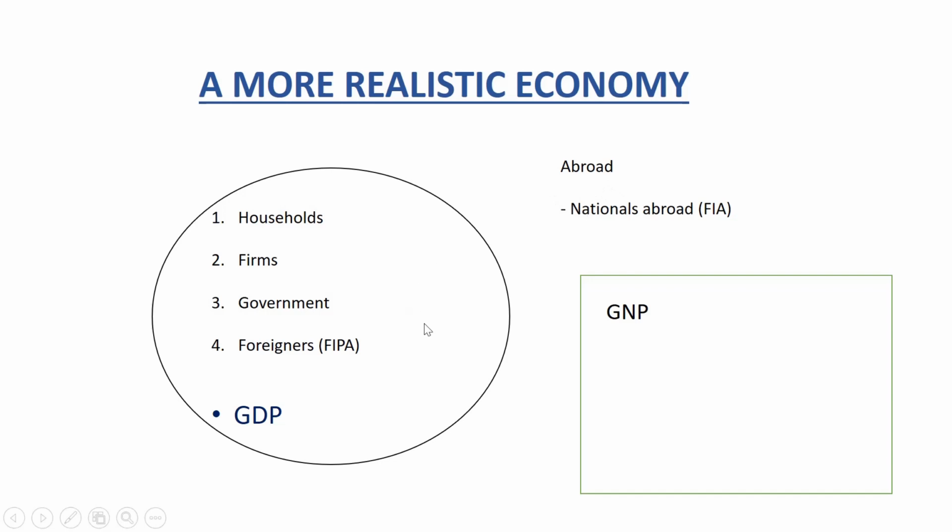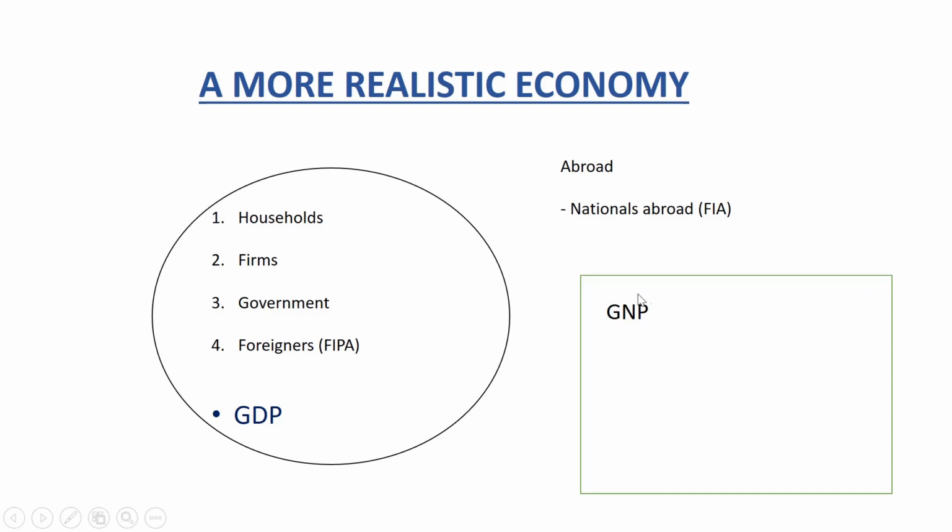So when we are talking about national income, we should look out for this term first, what we call gross national product. Gross national product means that we are talking about the value of all goods and services that have been produced by our nationals within the period under consideration, regardless of whether they are in the home country or they are abroad.